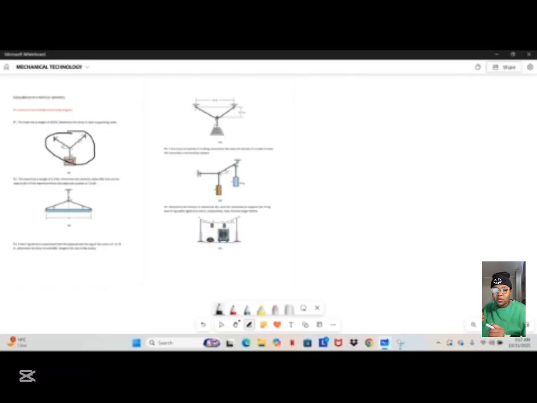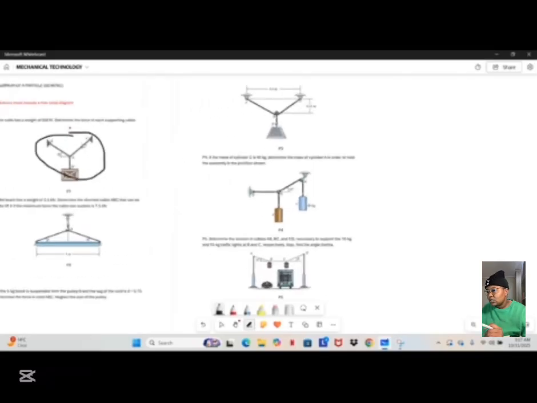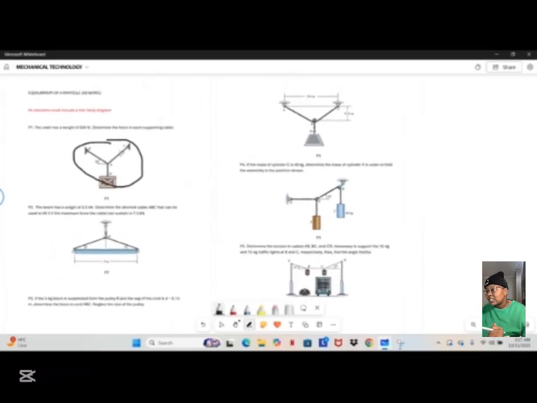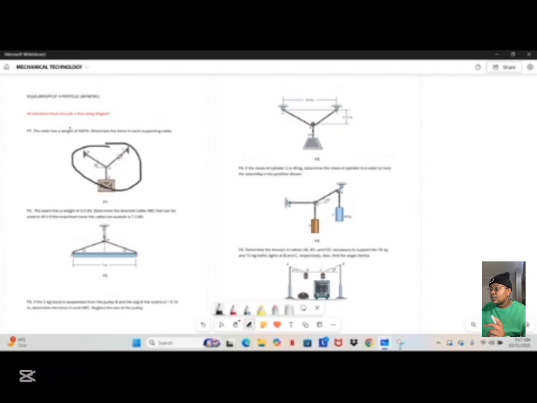And then we're going to solve, and then we're required to find all the forces in each supporting cable. We're given that the crate has a weight of 500 newtons, and we have to determine the force in each supporting cable.